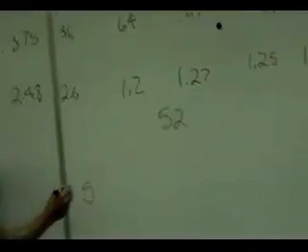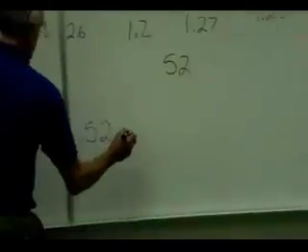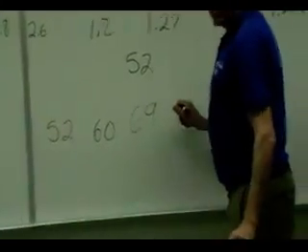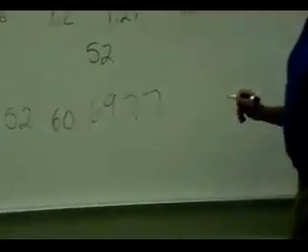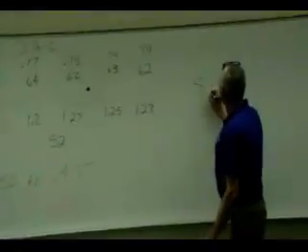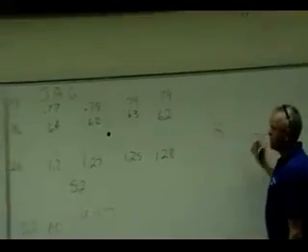Arrange these angles in order. 52 is the smallest, right? Then comes 60, then comes 69, then comes 77, right? What happens to the sine as you get a bigger angle?